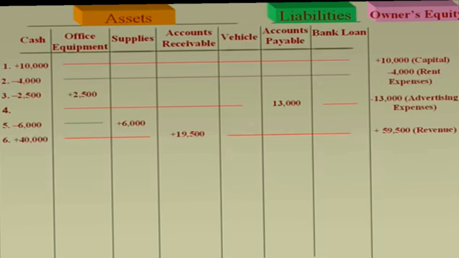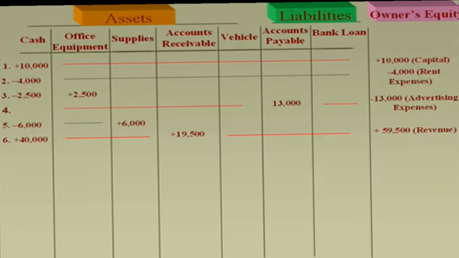Plus 19,500. Here it comes. Revenue, is it good for equity or bad for equity? It's good. So under owner's equity, it's plus 59,500. Cash, asset, plus 40. Accounts receivable, another asset, plus 19,500. Because your customer owes you 19,500.